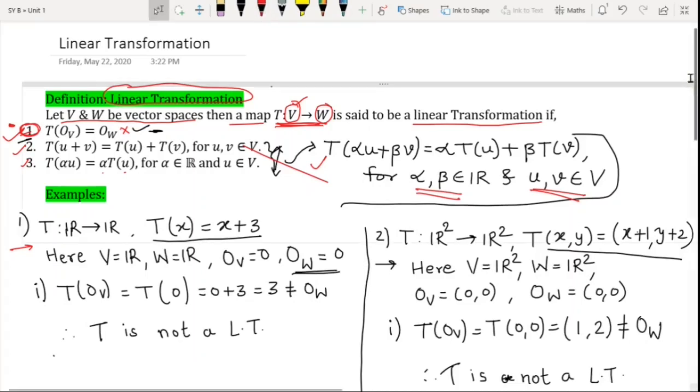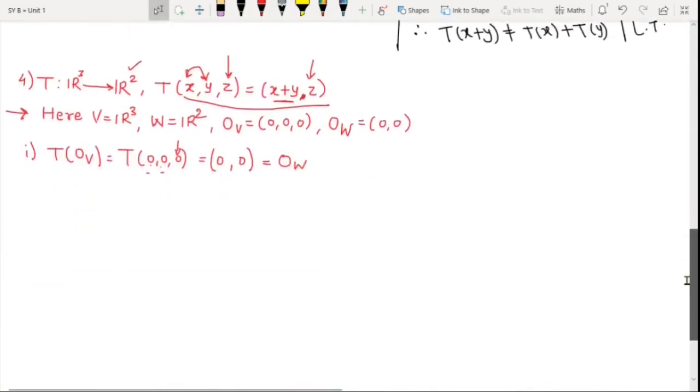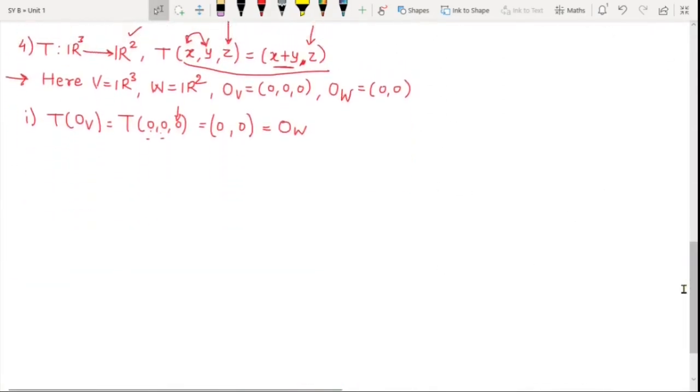I'll take two elements from R and two elements from our domain, V. So I'll select alpha, beta belonging to R, and I will call the first element u, or you can directly use the notations given here, x, y and z.